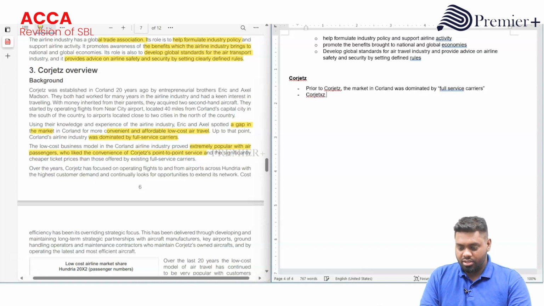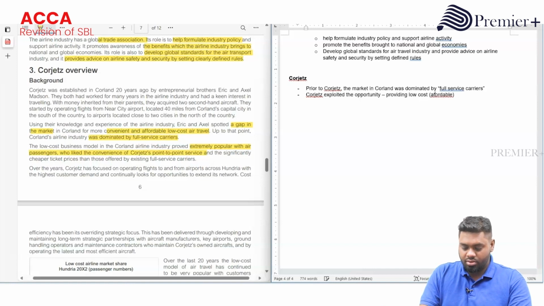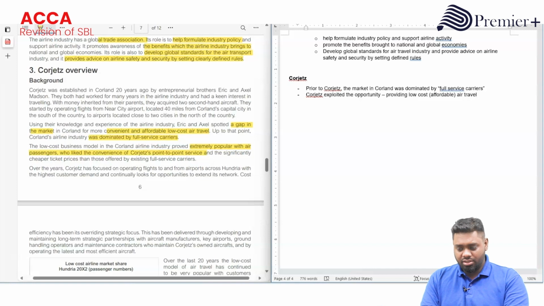CoJets had exploited the market opportunity, providing low cost or else affordable air travel, and we also discussed that they are going with a no frills product to facilitate this.